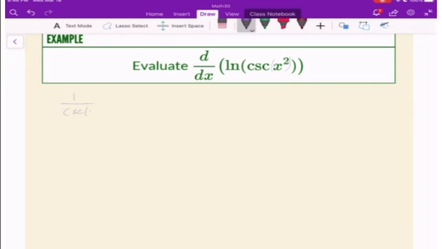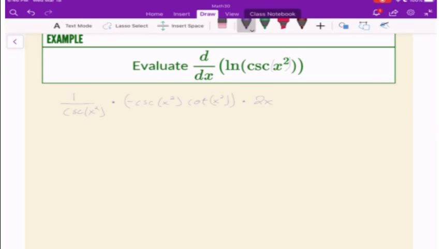So now the derivative of natural log of something is 1 over that something, cosecant x squared, times, so we're chain ruling this, I need the derivative of the inside function. The inside function, though, that is negative cosecant of x squared times cotangent of x squared. And then finally, derivative of the inside function to x.